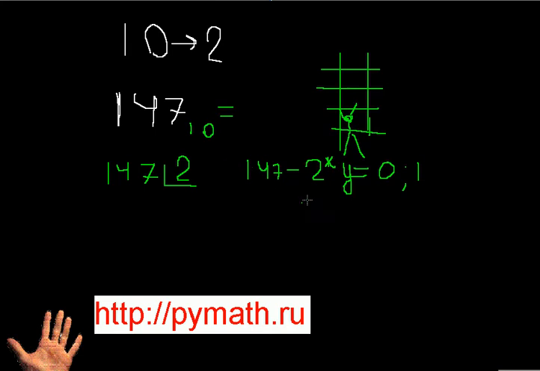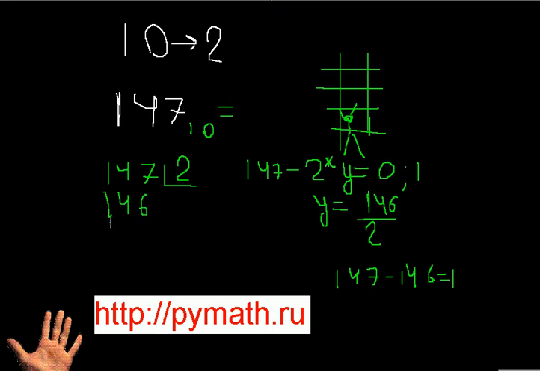For example, y is equal to 146 divided by 2. Okay, that is the nearest number. If you see it, 147 minus 146 is 1.